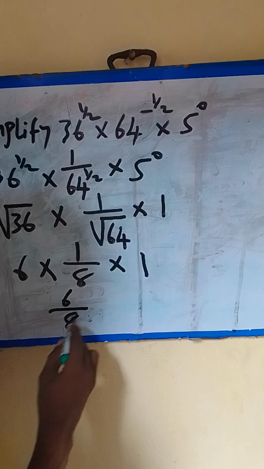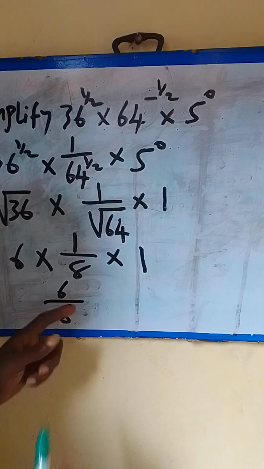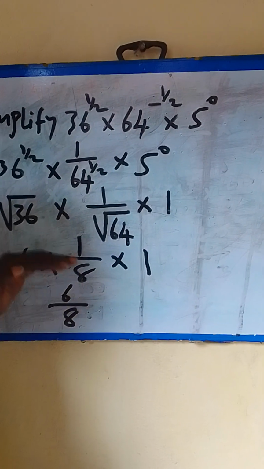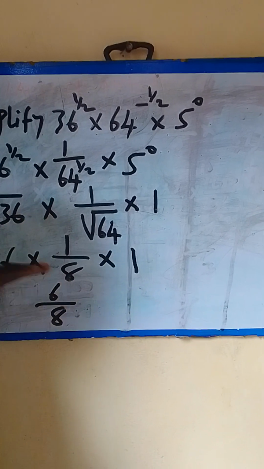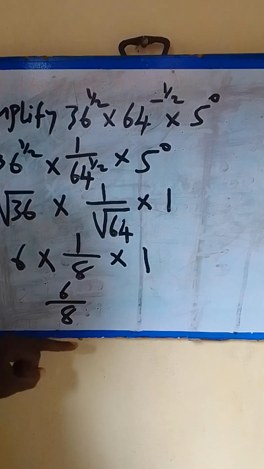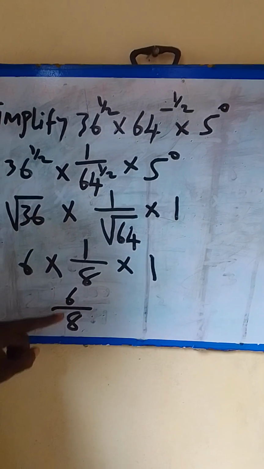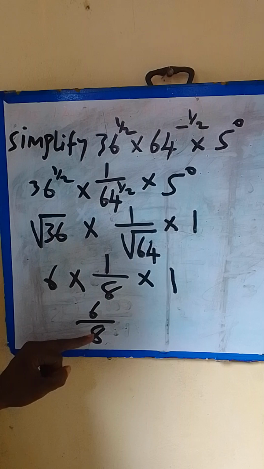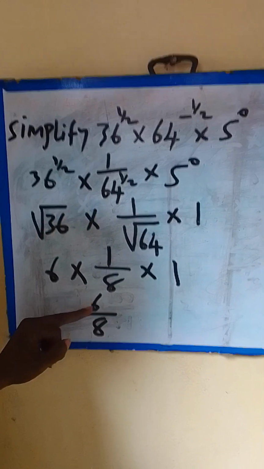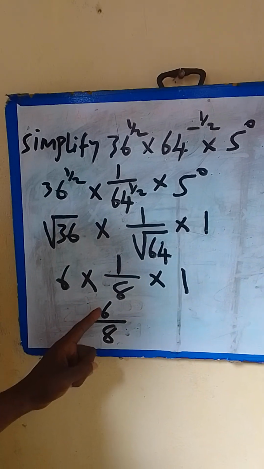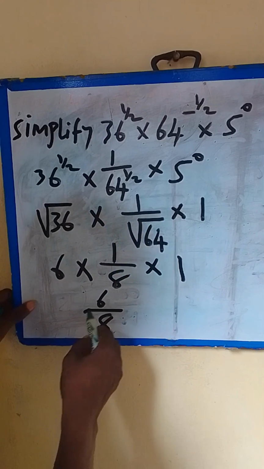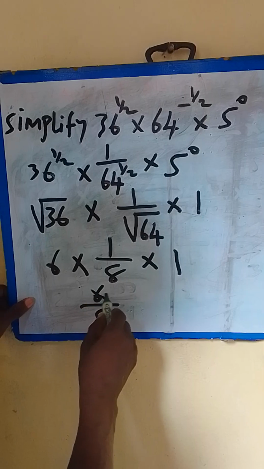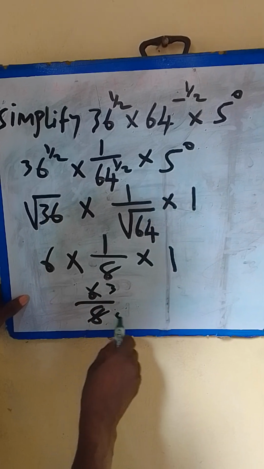All over this 8. Now when you have a problem like this, check whether you can reduce the fraction to the lowest term. 6 cannot go into 8, neither can 8 go into 6. You look for a number that can go into 6 and also go into 8, and that number is 2. 2 goes into 6 three times and into 8 four times.